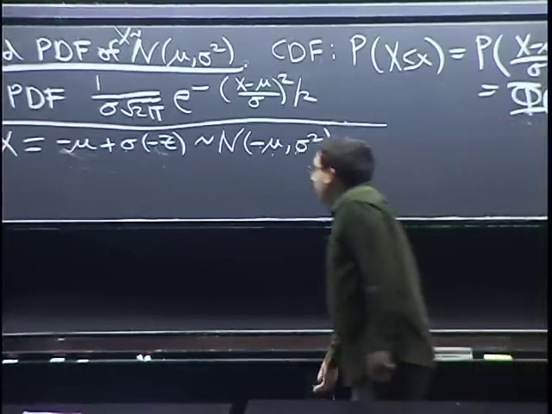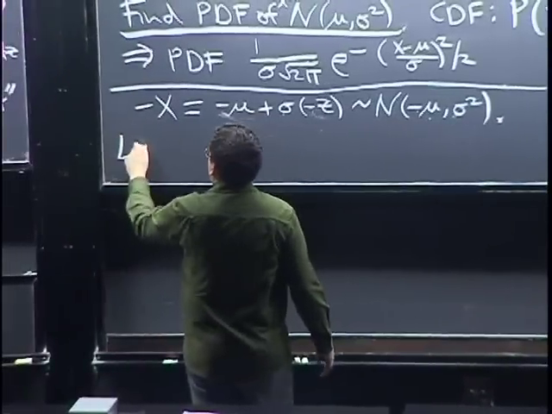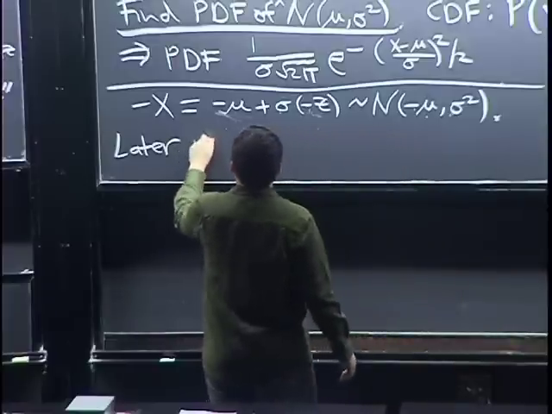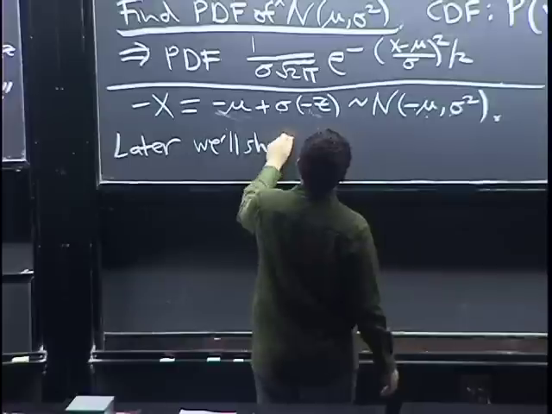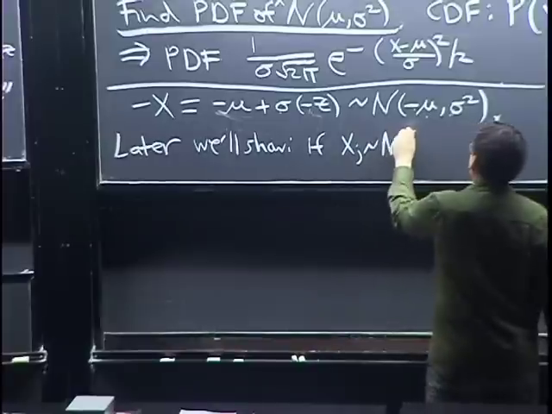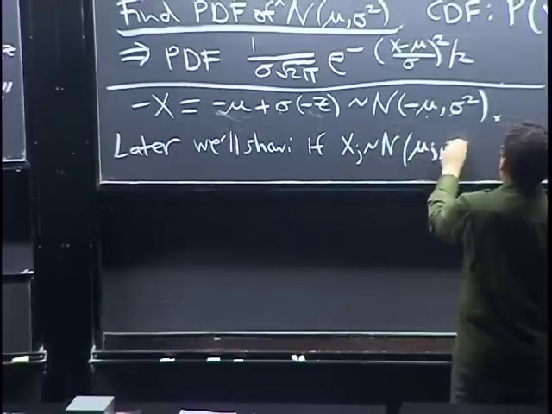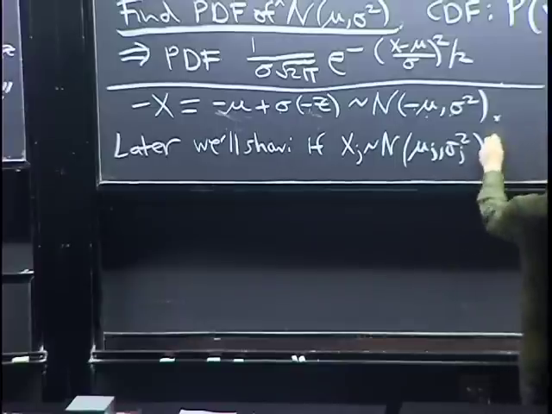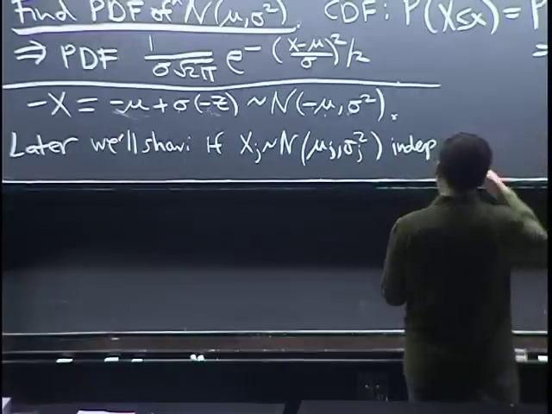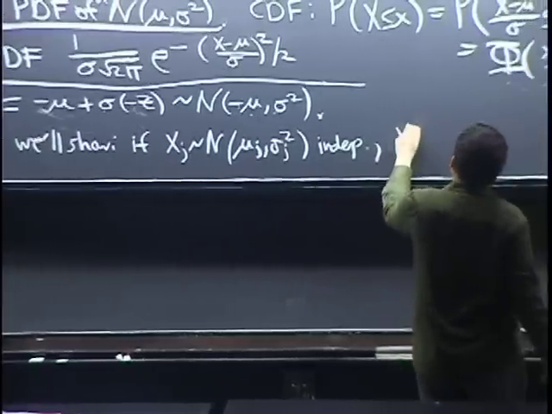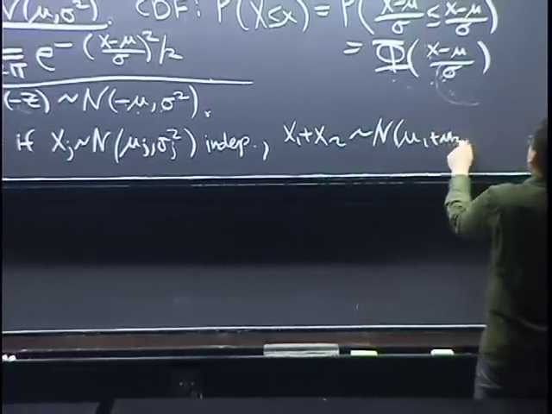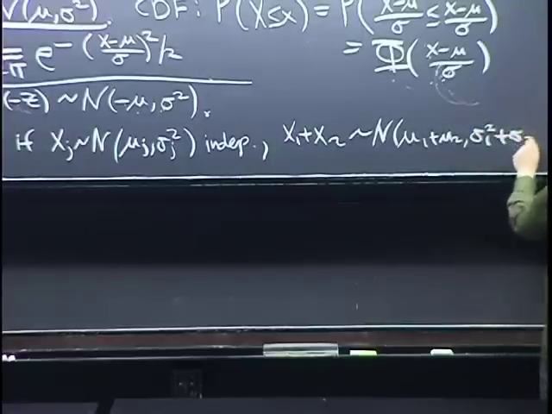Okay? And a useful fact, just to know, but we'll prove this much later in the course. Later we'll show that if xj is normal mu j, sigma j squared, and they're independent, let's say for j equals 1 to 2, then x1 plus x2 is normal mu1 plus mu2, sigma 1 squared plus sigma 2 squared.